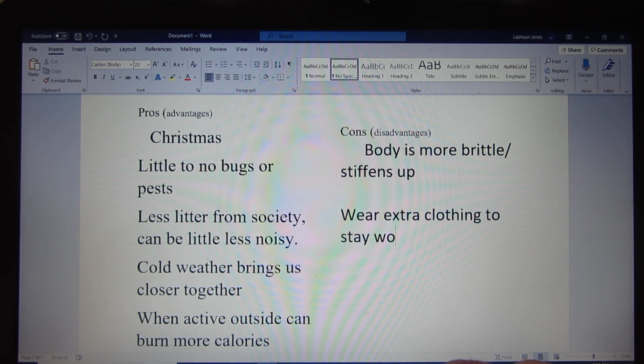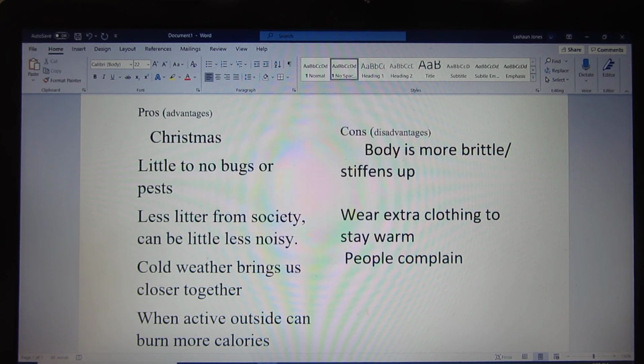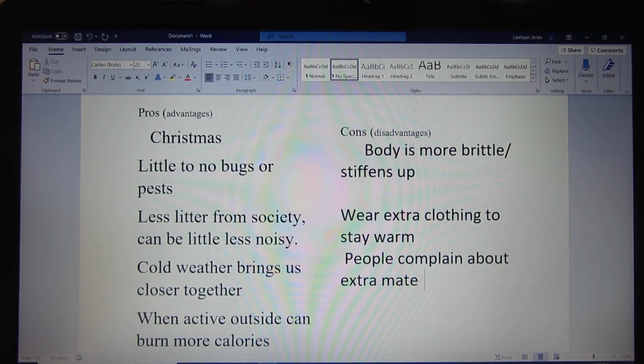Another disadvantage, children often complain. Not even children, but people complain about the extra clothing materials.